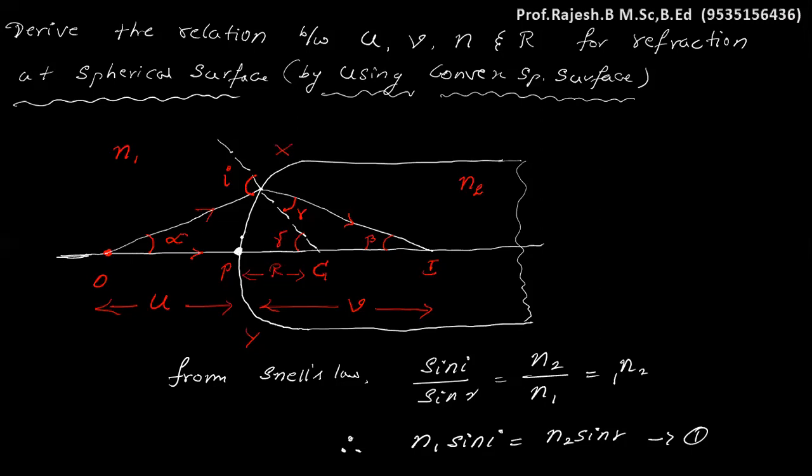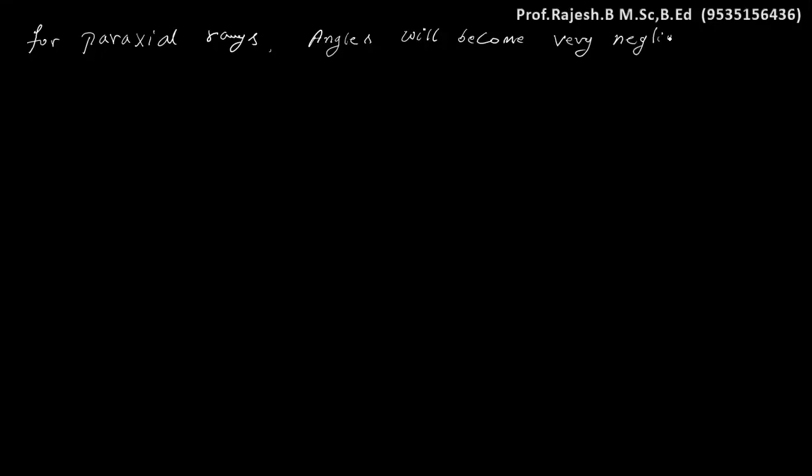When it passes very close to the principal axis, the angles become very small, very negligible, so we can neglect the sine ratios. Therefore, sin I is approximately equal to I, and sin R is approximately R. Therefore, equation 1 becomes N1 I equals N2 R.